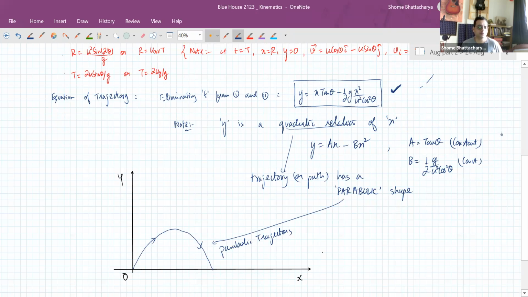So you can just note down these points over here, equation of trajectory onwards.